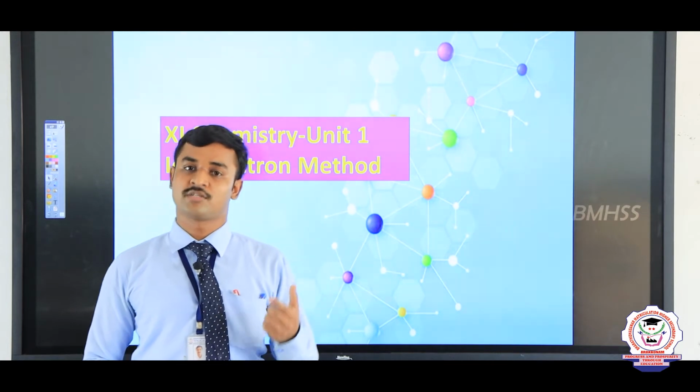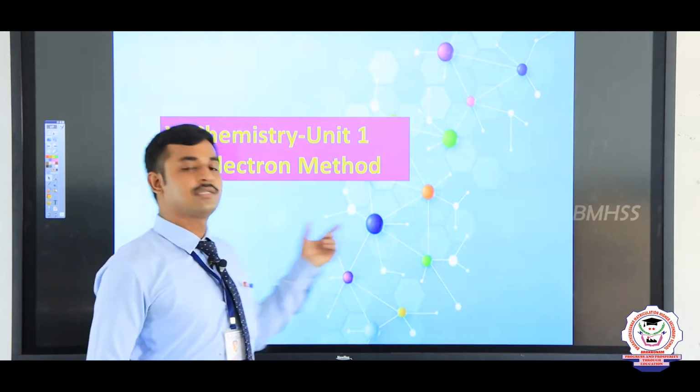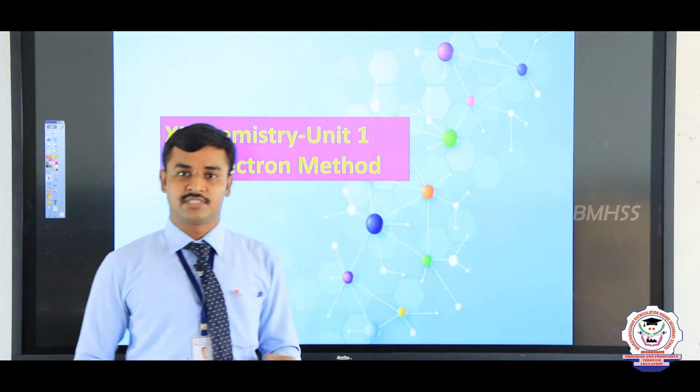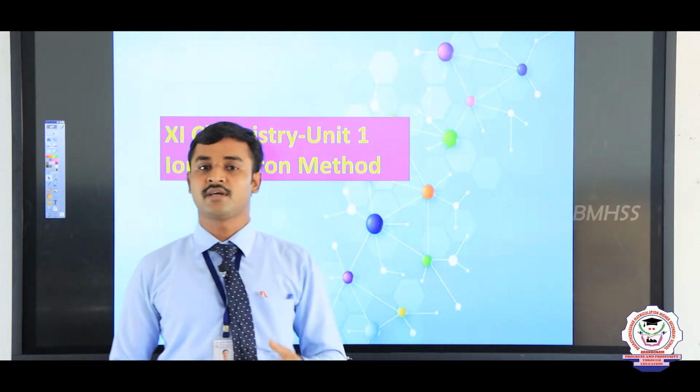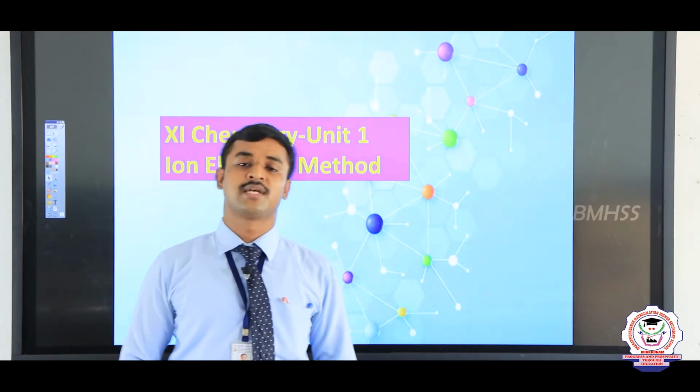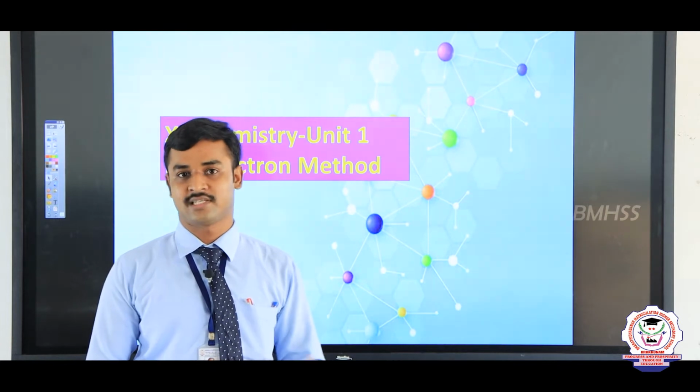One is the oxidation number method and the second one is the ion electron method, which we will see now, and how this method helps us to balance the chemical equation.